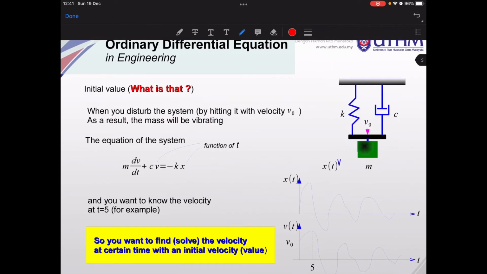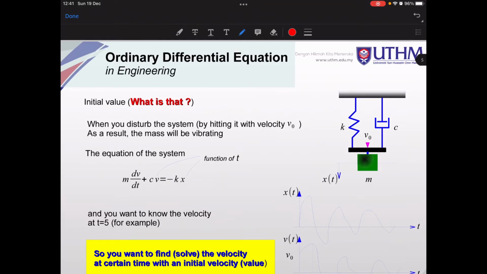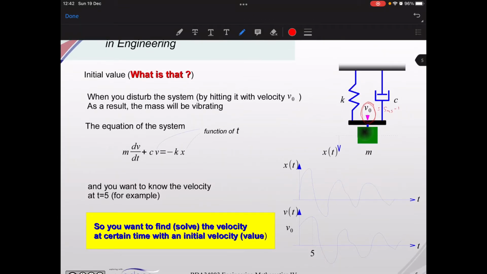So, as I mentioned, for ordinary differential equation, if we give an input, for example, for this system, if I give an input of V0, let's say V0 is 5 meter per second, what will happen to this mass as I applied 5 meter per second?